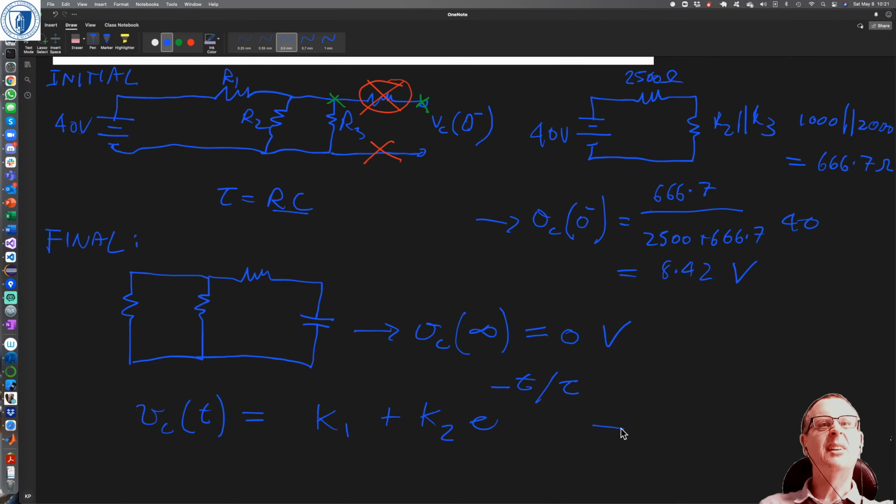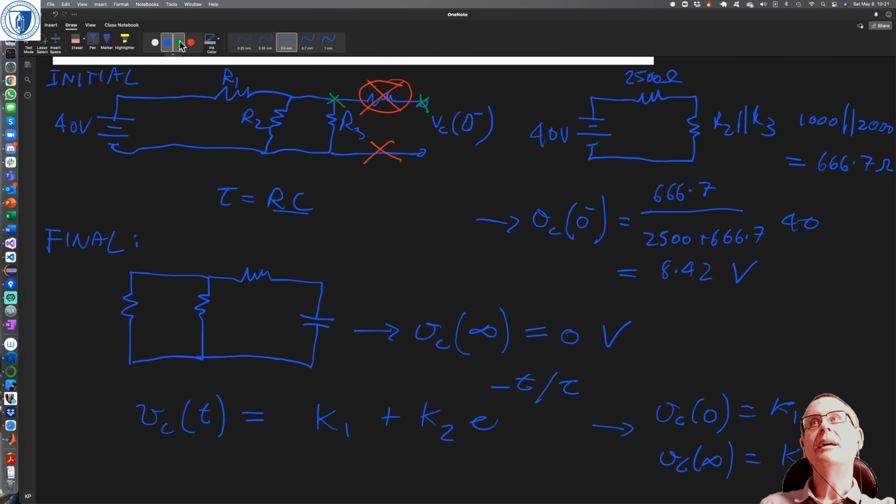So Vc of 0 equals K1 plus K2, and Vc at infinity equals K1, because e to the minus infinity is so small it's 0.